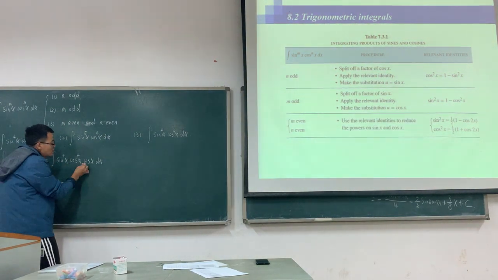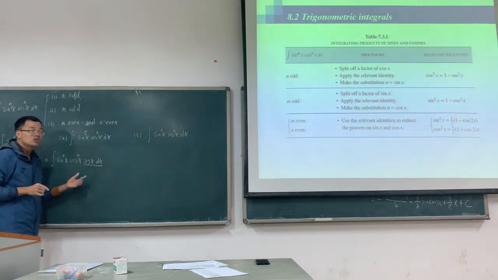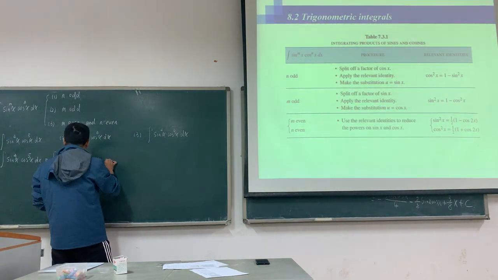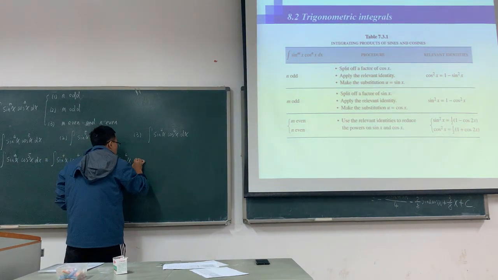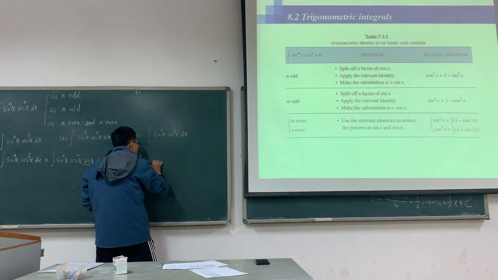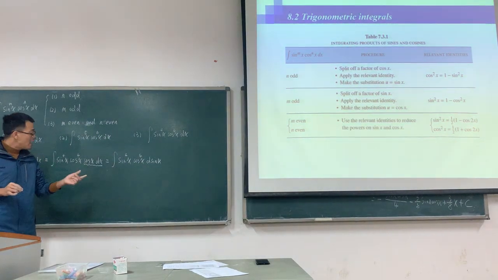Now for this cosine x dx, actually this is d sin. So here we have sin x to the 4th power, cosine x to the 4th power, and d sin x, because sin prime is cosine.